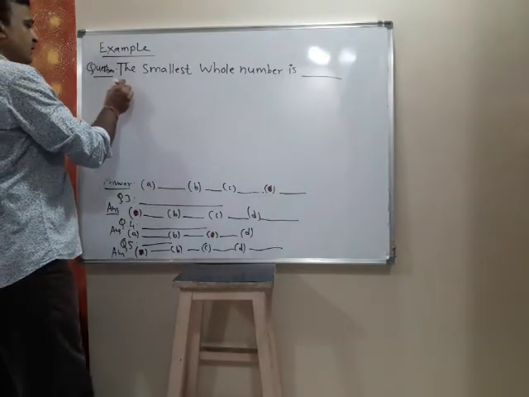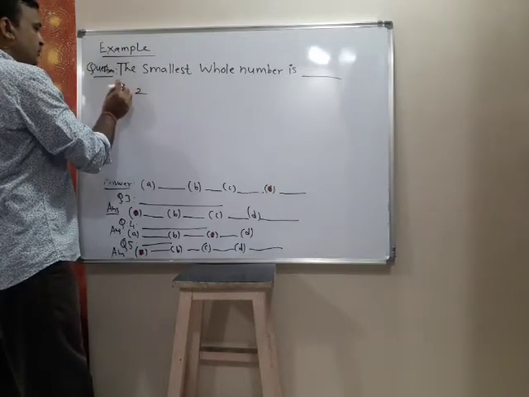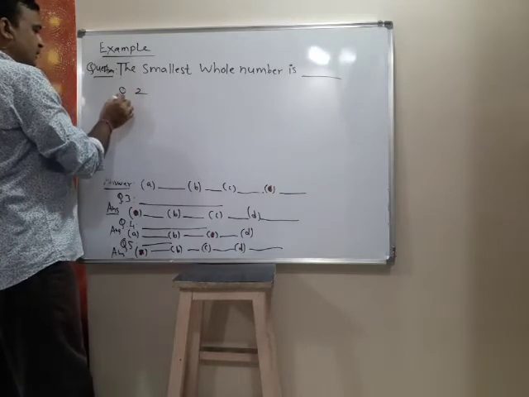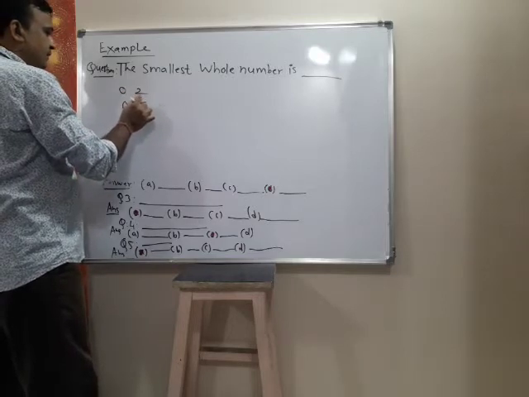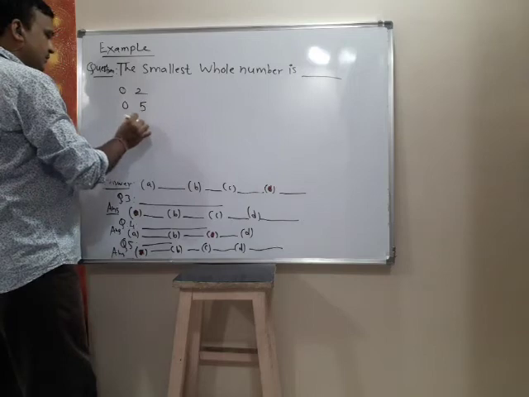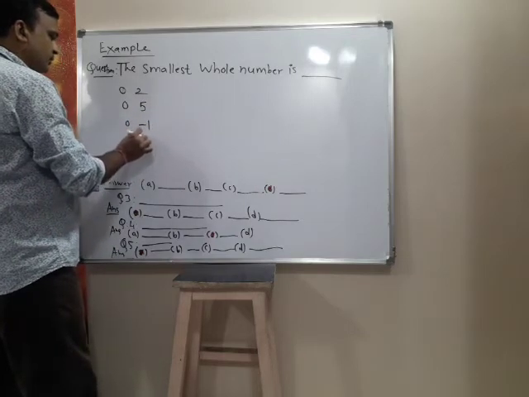Option 1 is 2. Then the next option is 5. The next option is -1. The next option is 0.